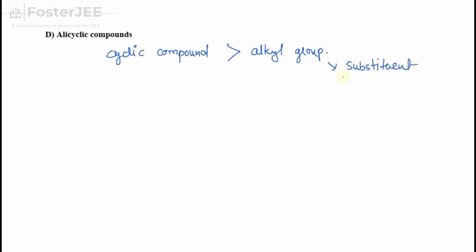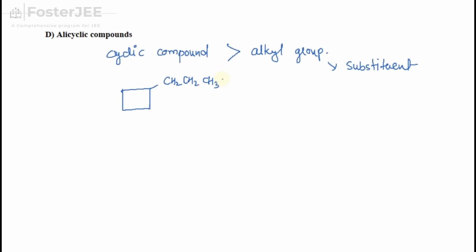For example, here the cyclic group is cyclobutane, and the alkyl group is CH2, CH2, CH3. In the alkyl group, 3 carbon atoms are present, and in the cyclic compound, 4 carbon atoms are present.